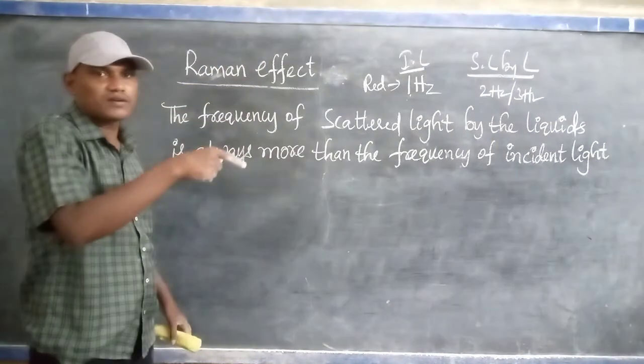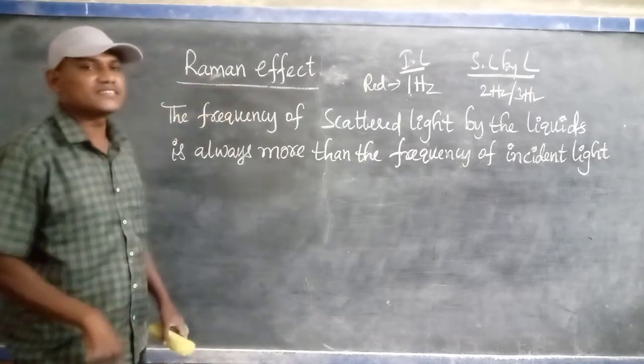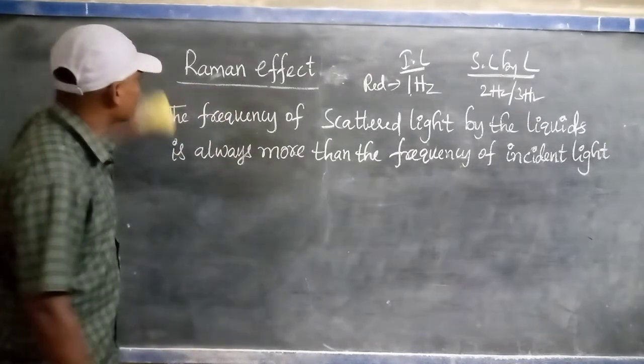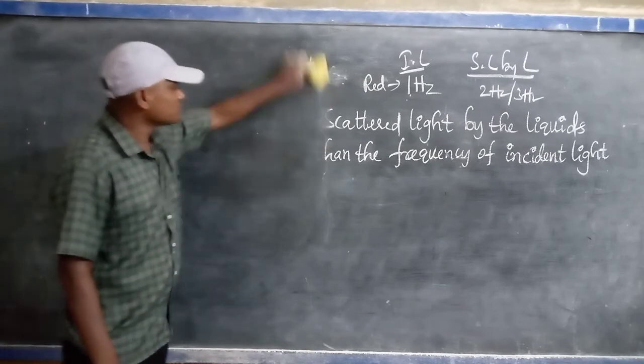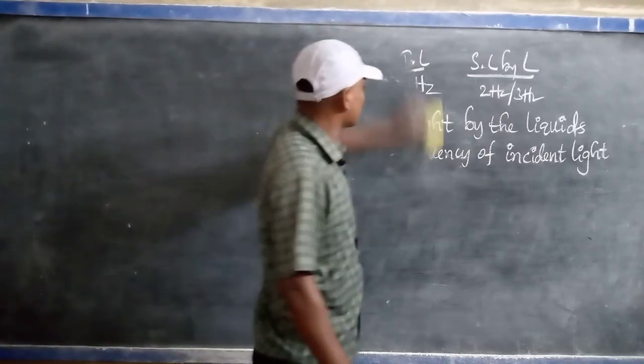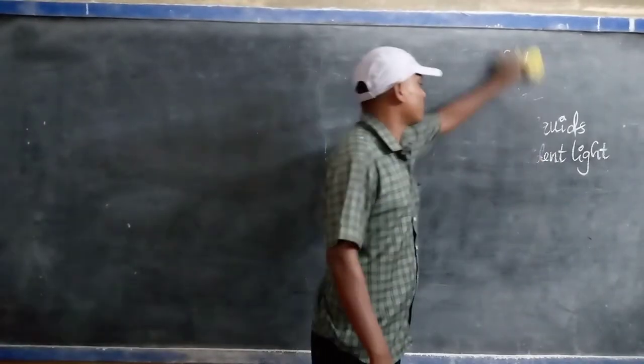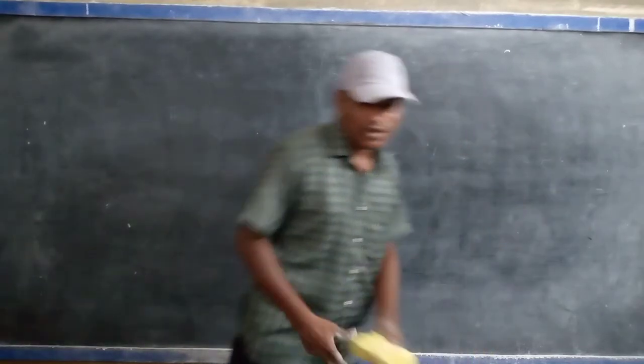Based on that, they can easily identify size and shape. That's why, after proposing this, Raman got the Nobel Prize. So this is the brief idea about the Raman effect.